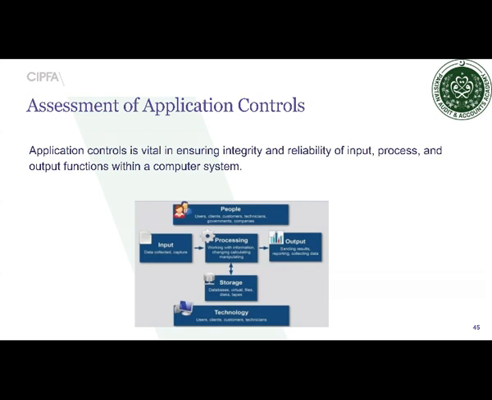So those are input controls. Another one we talked about is if I'm entering individual data and the national ID is a certain length, let's say 15, if I input anything less, it will not accept, because those are controls already built into the system, which are edit checks.